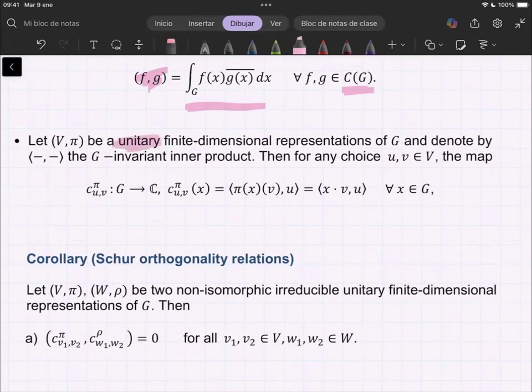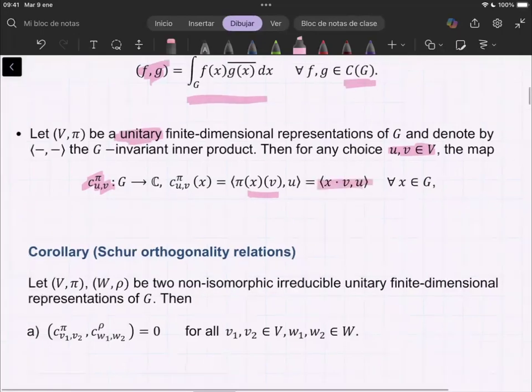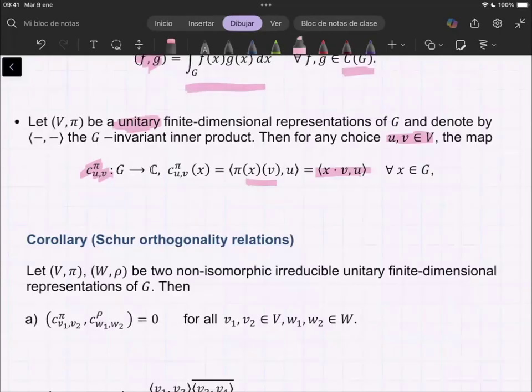We can define a continuous map from G to C, which at x is given by the inner product of x acting on one vector with the other. So given two vectors, we can define a map from G to C.